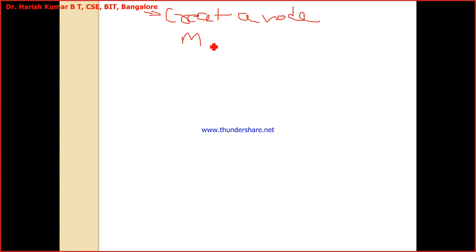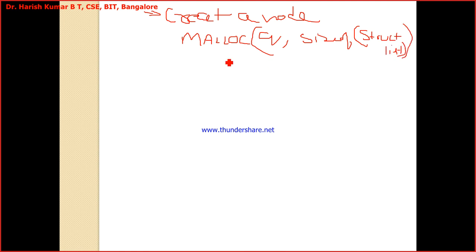You'll be calling the malloc macro. You'll pass some pointer q, and then sizeof struct list, something like this. So this allocates the memory required for creating the node.